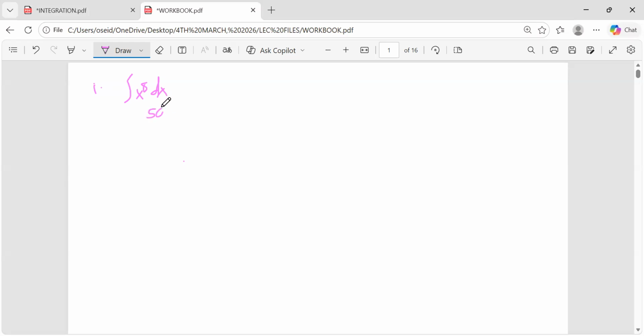Solution: the integral of x exponent 8 dx will be equal to 8 plus 1 is 9, so we get 1/9 x exponent 9 plus k.